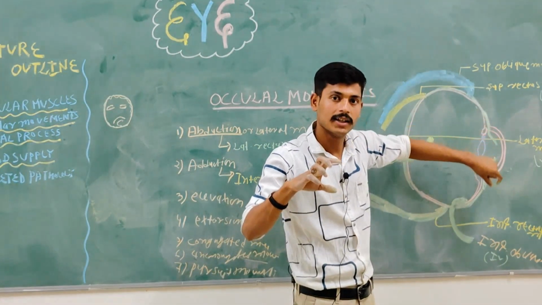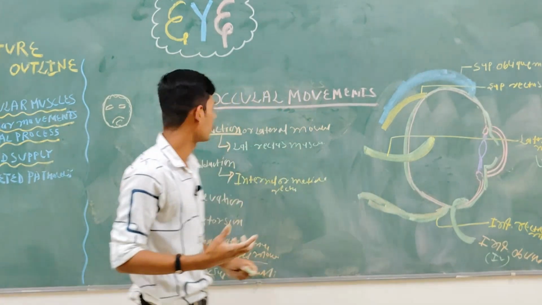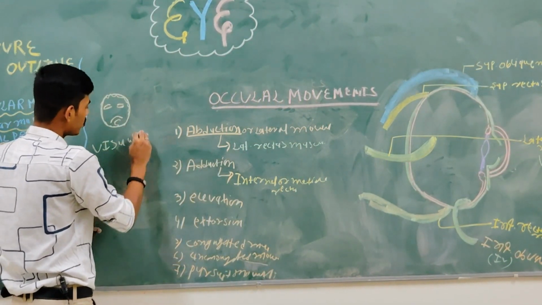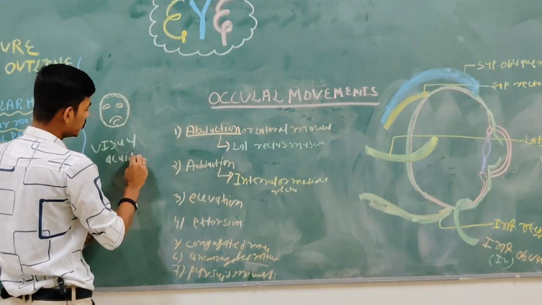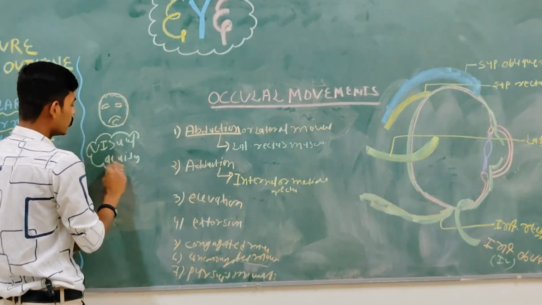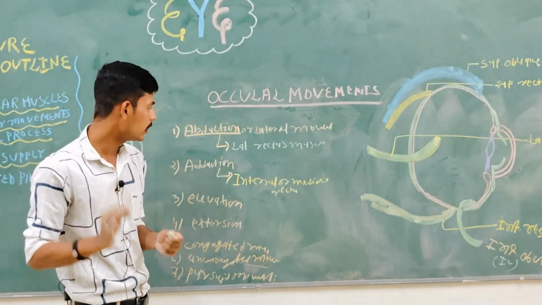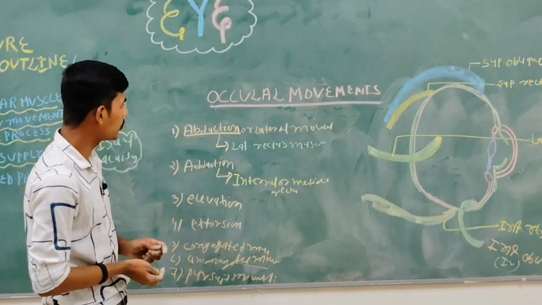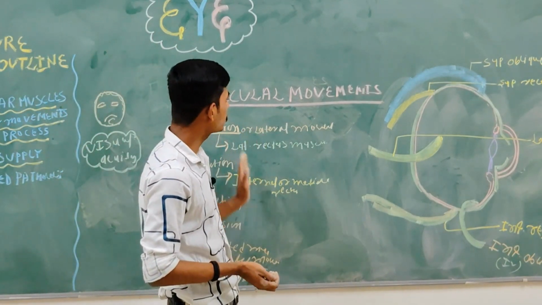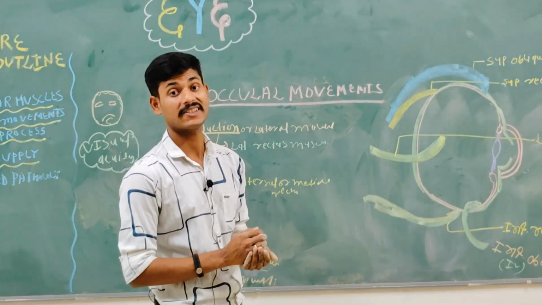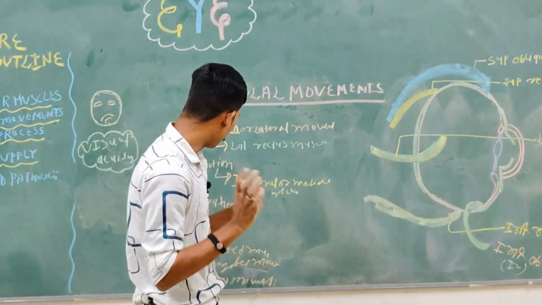So all these kinds of adjustment, or visual acuity, denote seeing the fine details of the object. This visual acuity is achieved by these ocular movements, with the help of the external oblique muscle as well as the internal oblique muscle.